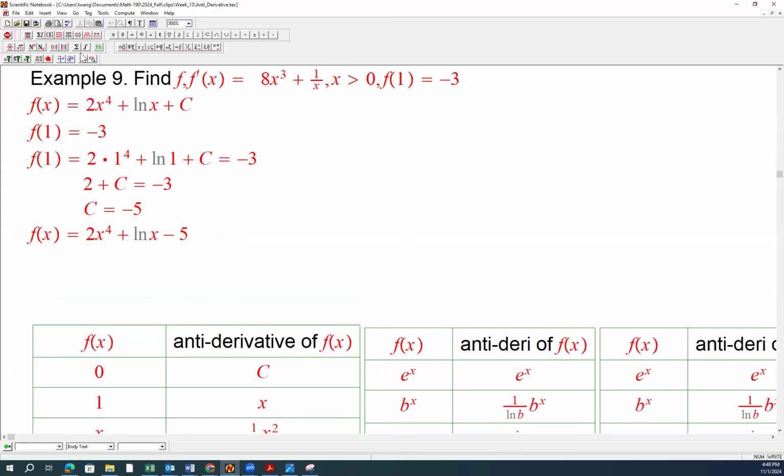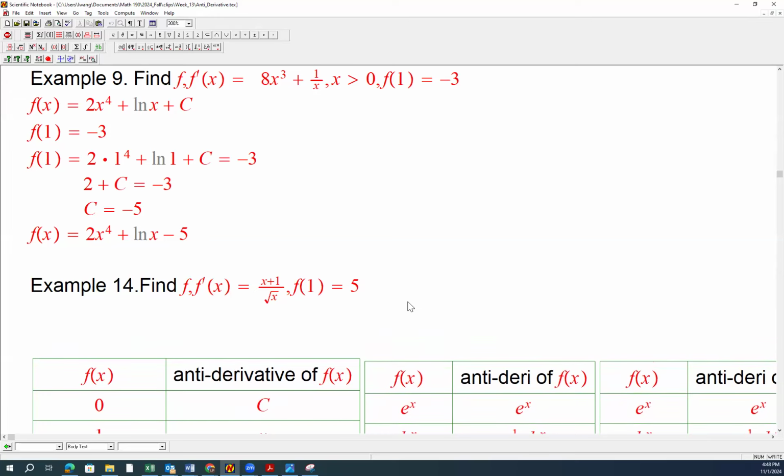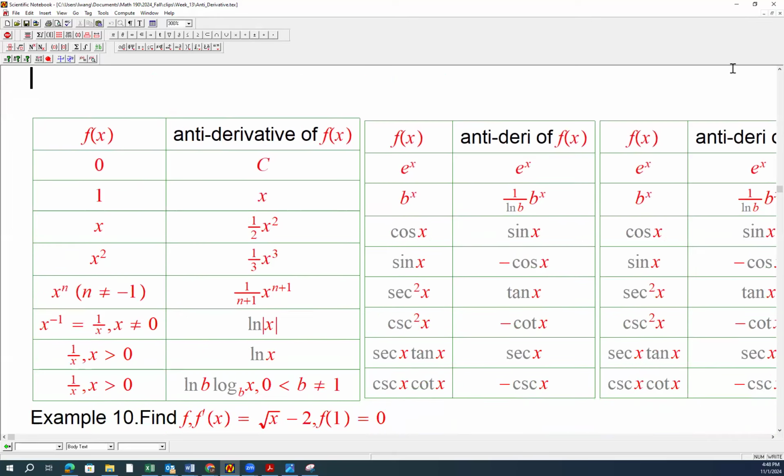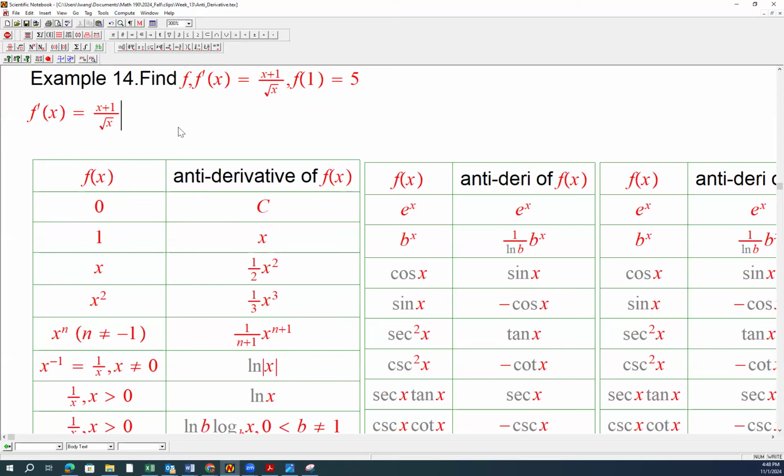Number 14, you understand why I chose it, okay? Because we do need a little more manipulation here, because we know there's no quotient rule nor product rule in finding antiderivatives. So before we find the antiderivative of f prime, we need to simplify.